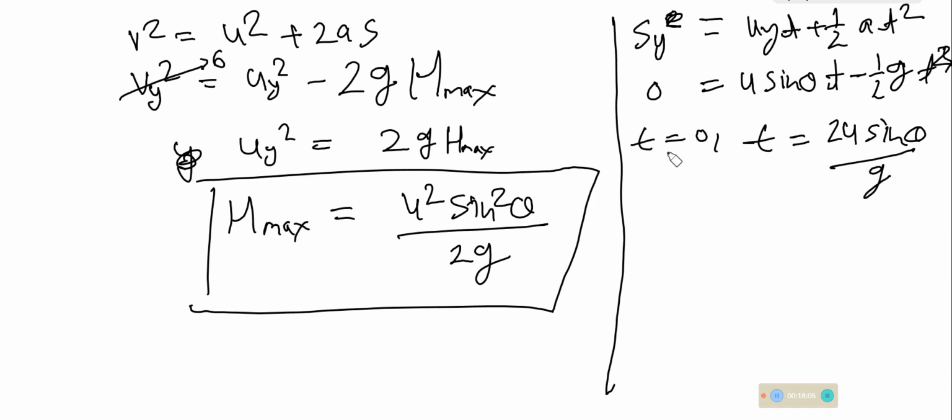So this is the time when the particle is at point O, and this is the time when the particle is at B. So this is the time of flight of the particle when the particle goes from point O to point B. In this time the particle completes the motion, and this is represented by capital T, 2u sine theta upon g. This is the time of flight.